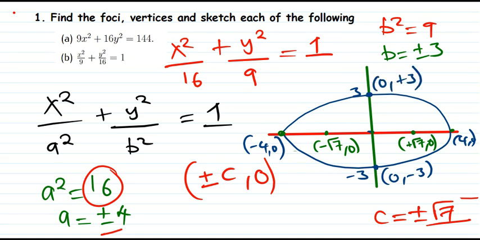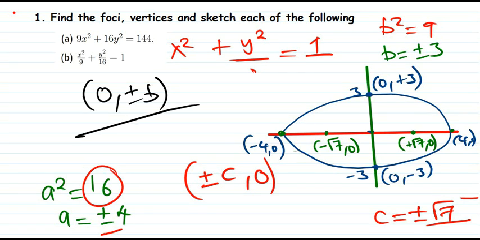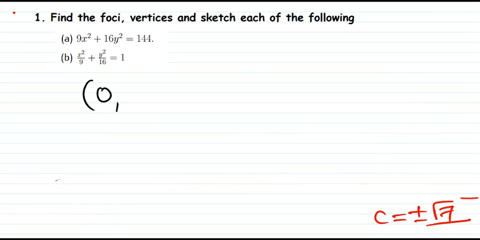So which implies the vertices along the y-axis on the minor axis is going to be 0 comma plus or minus b. These are the vertices. So that's how you come up with the ellipse there. Now hopefully you've gotten some of the things that I've said. Found the foci and the vertices.